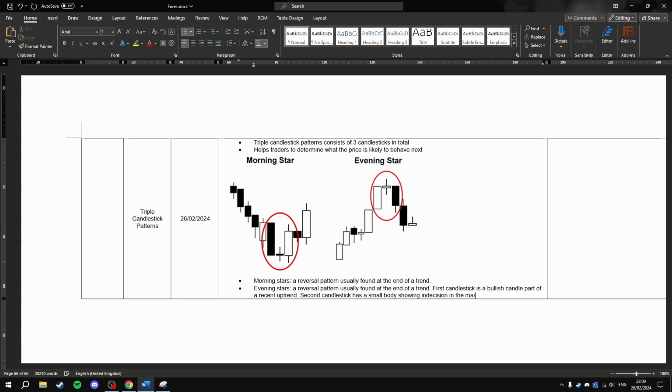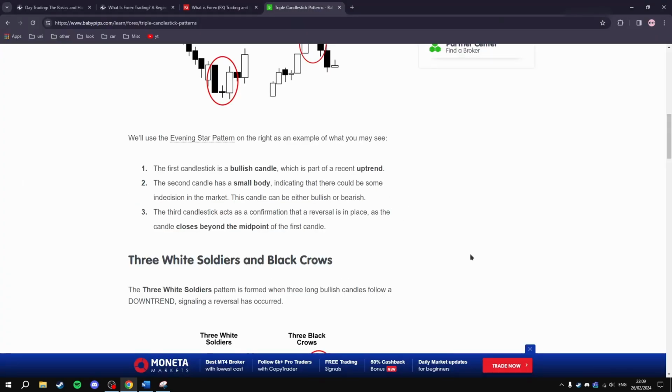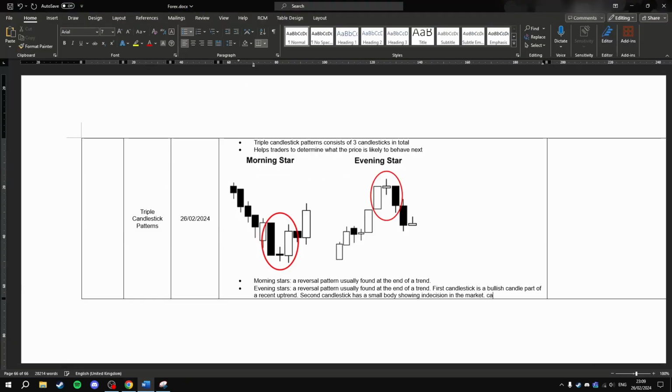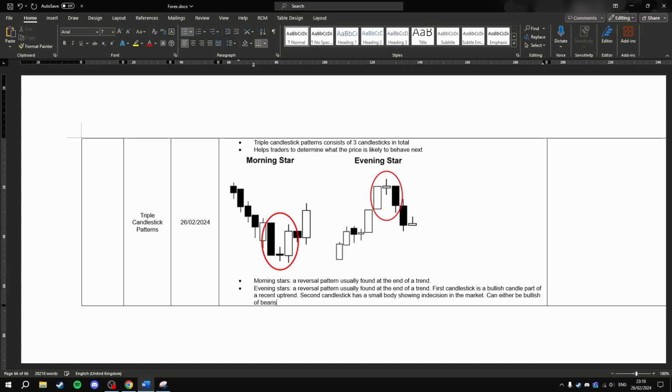This candle can either be bullish or bearish.